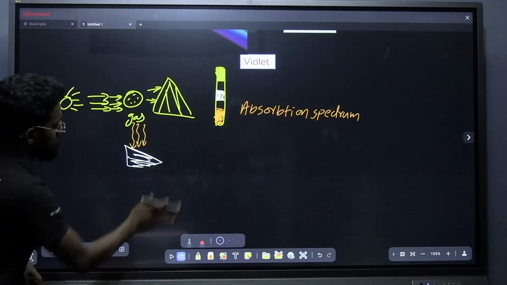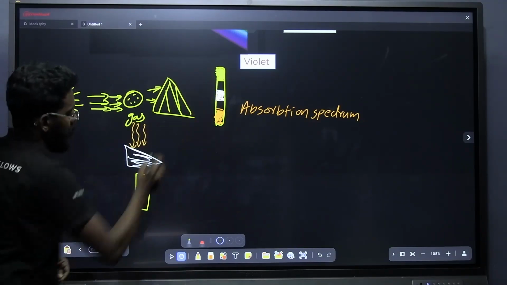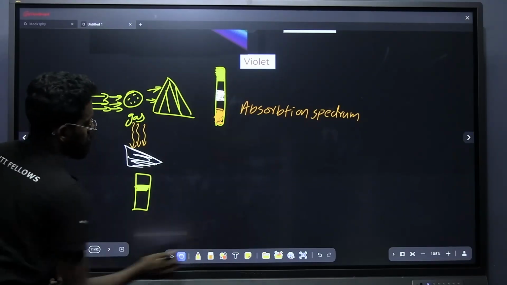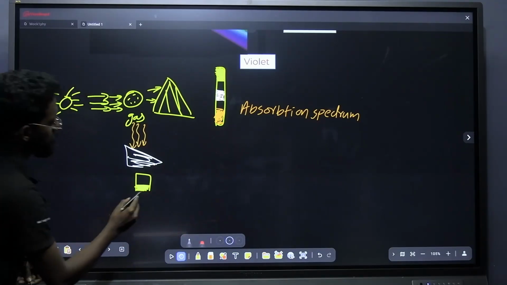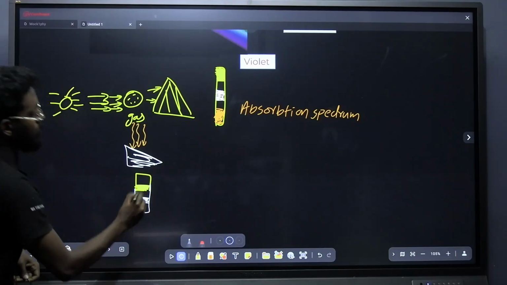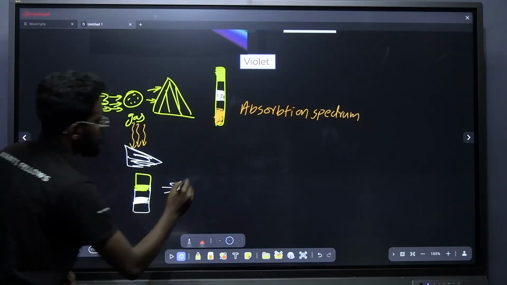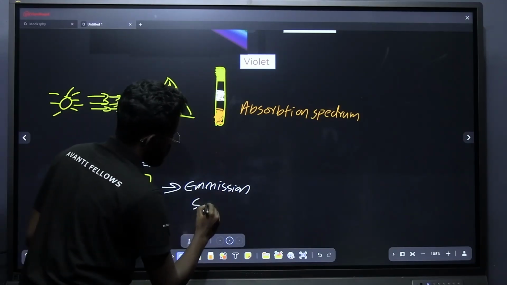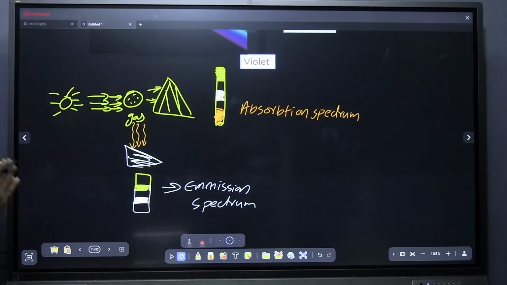In that spectrum, whatever radiation was missing in the earlier one, that will be appearing here. Whatever radiation was absorbed there appears here, and this type of spectrum we call the emission spectrum. This is all about absorption spectrum and emission spectrum.